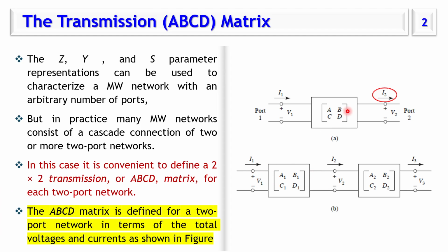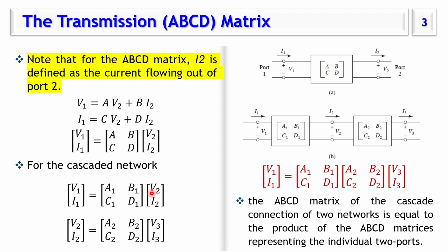For example, if this is a two-port network and we have another two-port network and cascade them, of course the system performance is the result of cascading those two two-port networks, and from that need the ABCD matrix was introduced. So what is the ABCD matrix, why do we need another matrix, and how will the ABCD matrix work is what we're going to discuss here.